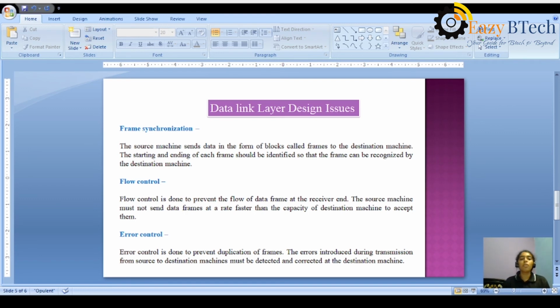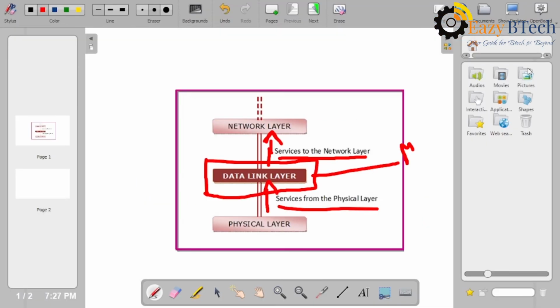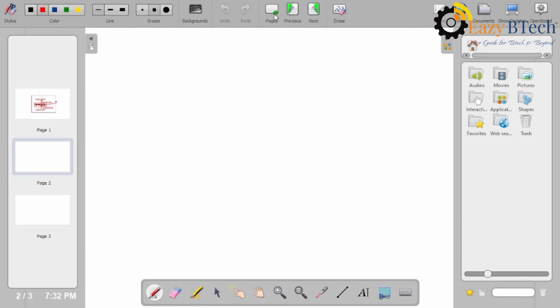Flow control. Flow control is done to prevent the overflow of data frames at the receiver end. Flow control means we have a source machine and a destination machine. I will show you. So this is a source machine, and this is a destination machine.